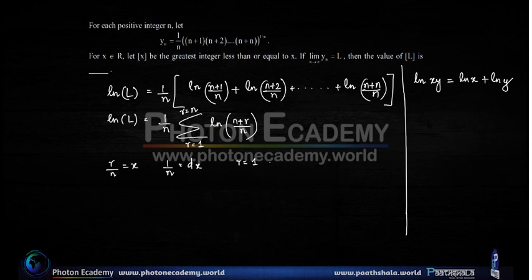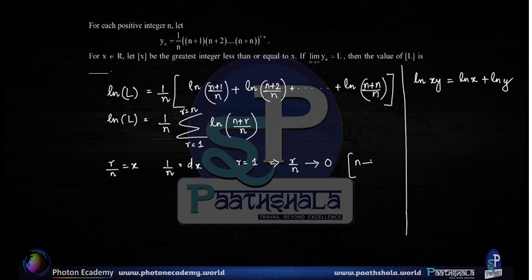For r equal to 1, r by n tends to 0 as n tends to infinity, and for r equal to n, r by n tends to 1 as n tends to infinity.